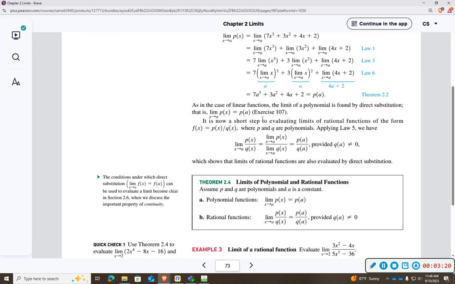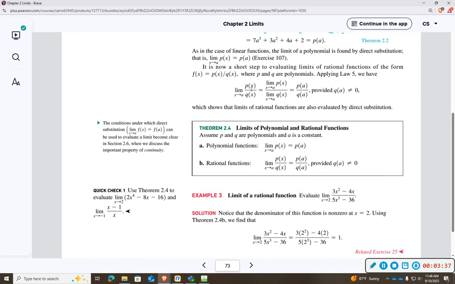So as we're evaluating the limit of polynomials, some of the same can be done by plugging in an exact value. So this is again direct substitution. You're getting close to some x value, you can plug it in and we will get a result, again provided, if we're doing a rational function, that the denominator is not equal to 0. So just keep remembering that.